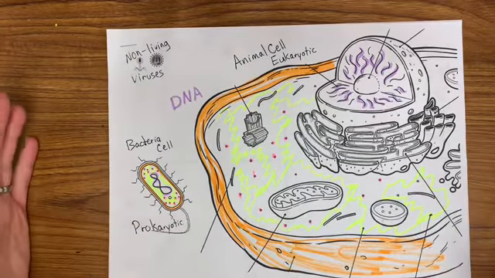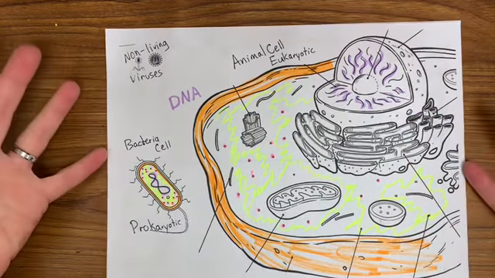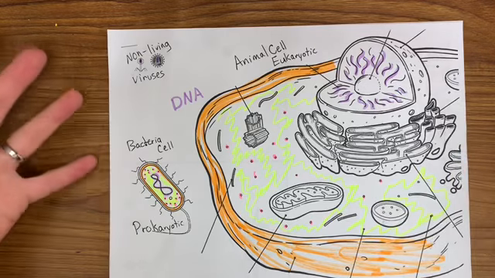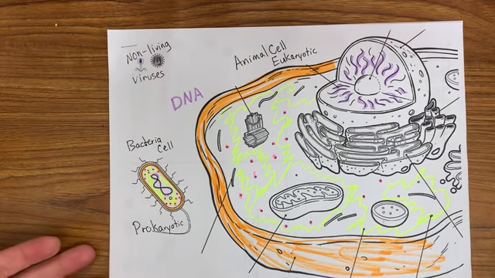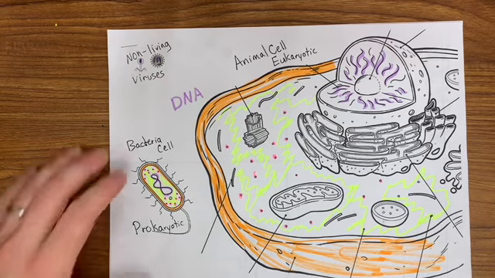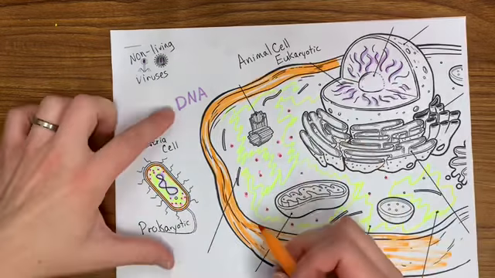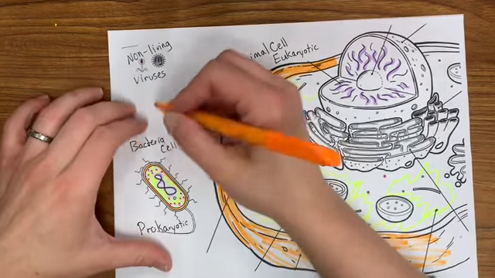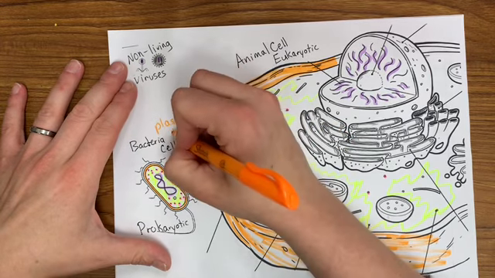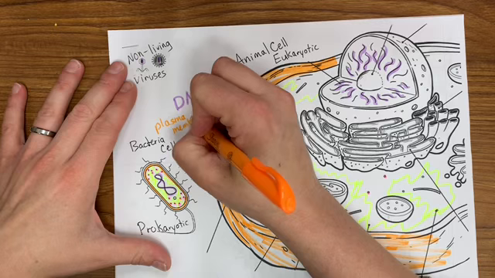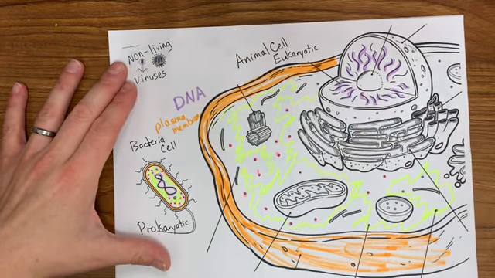That's what this picture is for, so that you have all of that information in your mind when you look at it. All of this comes to mind. Okay? So I'm just going to list here the things they have in common. There's the DNA. There's the plasma membrane. Okay?